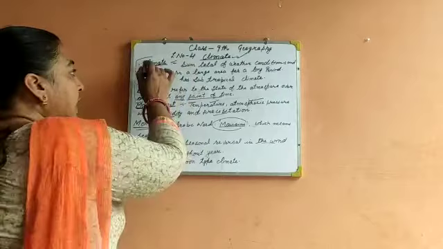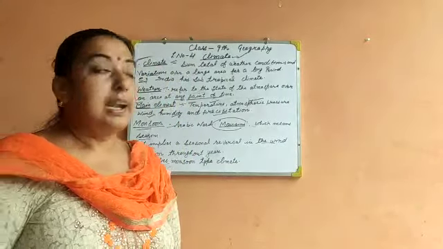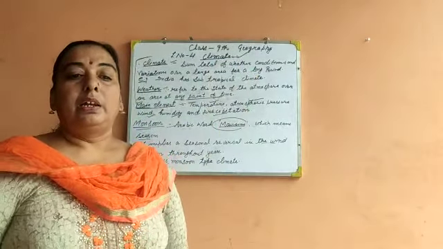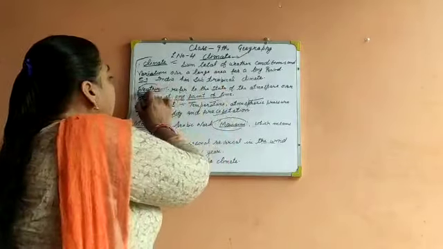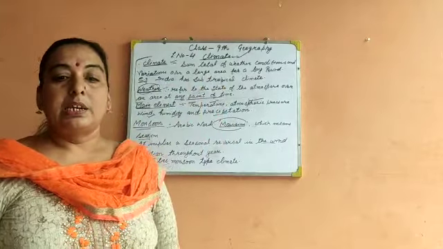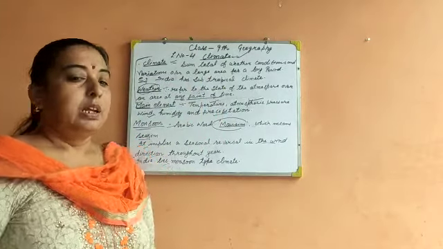Now, our next part is the difference between weather and climate. We read that weather refers to a short time, and climate is the aggregate of day to day weather.